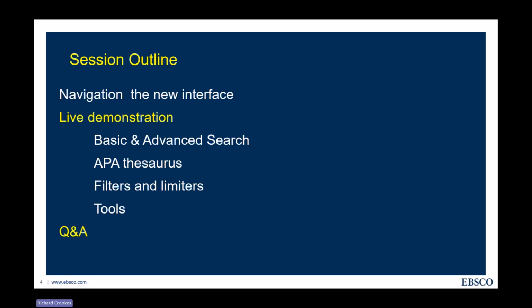In terms of what we plan to cover, we'll look at the navigation of the new interface. Some of you have already transitioned to the new EBSCO interface, which was launched last August. We'll have a live demonstration, which will cover the basic searching aspect, the advanced search primarily, incorporation of the APA Thesaurus terms, the application of filters and limiters to focus your search results, and also the available tools to process your search.